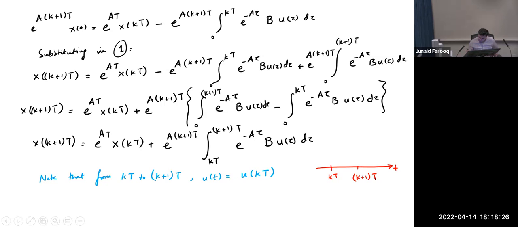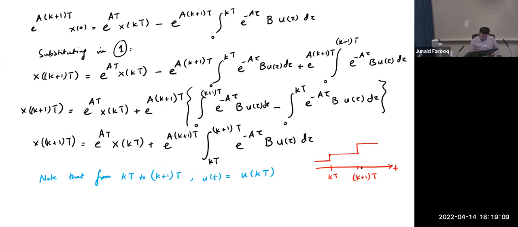These are discrete steps, so the input only changes at discrete intervals. It takes some value, then stays, and next time it will be something else, and something else. So during this interval, u of t will actually be u of kT, the previous value. The value is being held until the next time interval arrives.